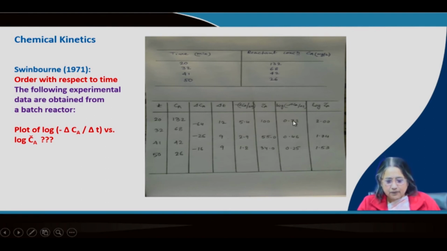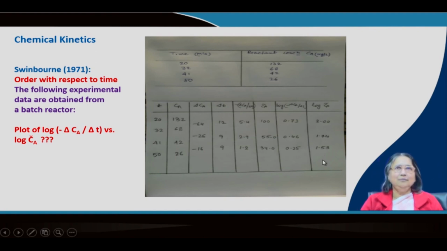Once you have all this data, you can find the log values: log of minus delta CA by delta t, and log CA average. Then you have to plot log of delta CA by delta t, obviously minus, I am not mentioning it all the time, against log CA.